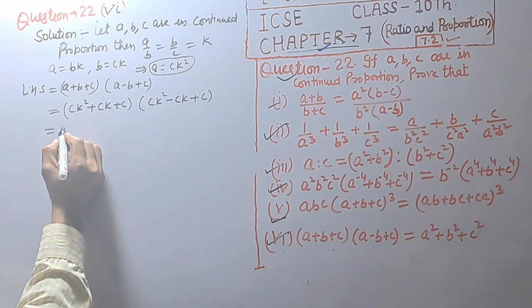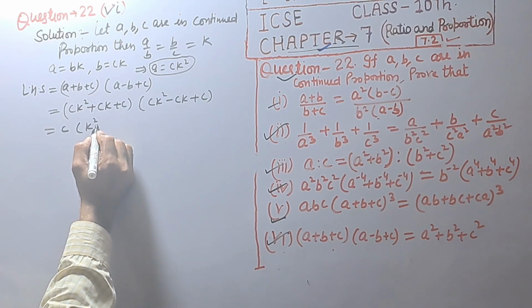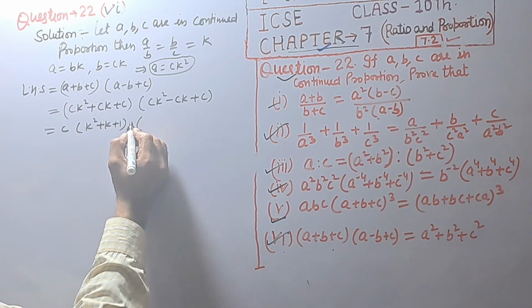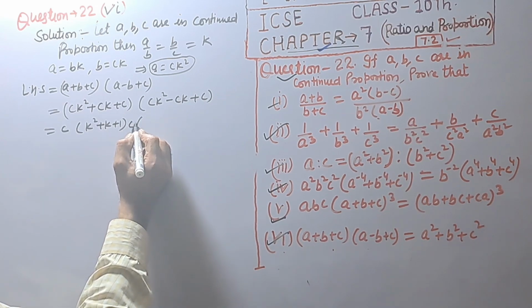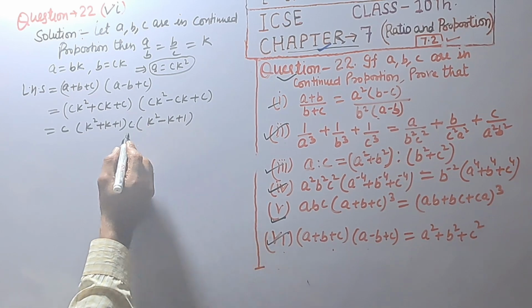We are taking common c in bracket k raised to power 2 plus k plus 1. C is taking common, k raised to power 2 minus k plus 1 in bracket.